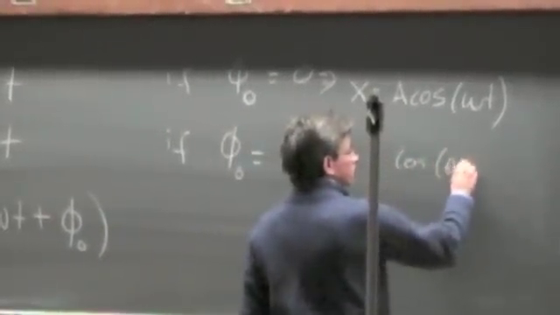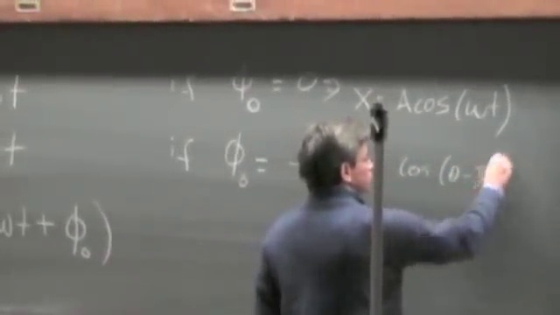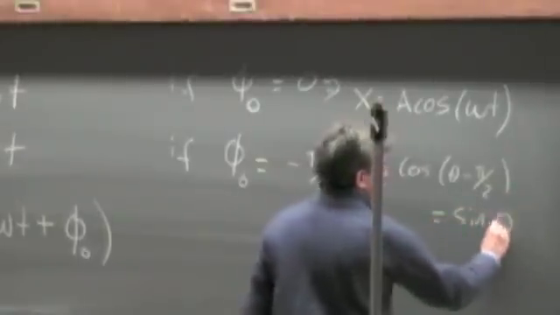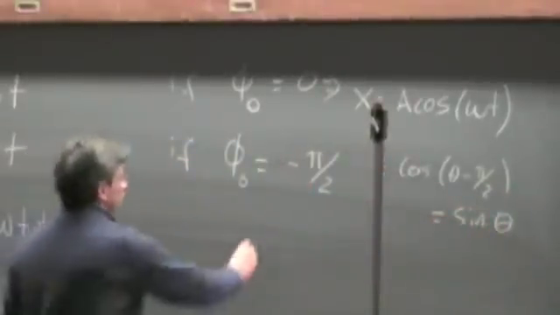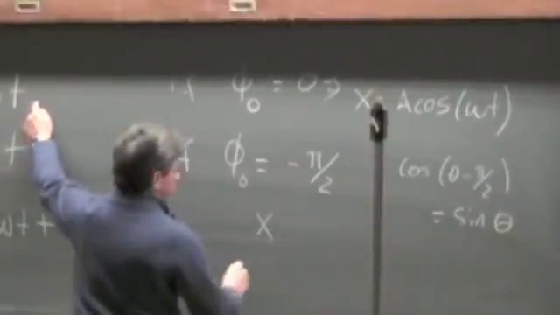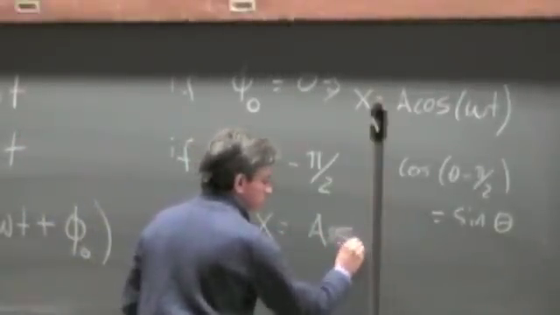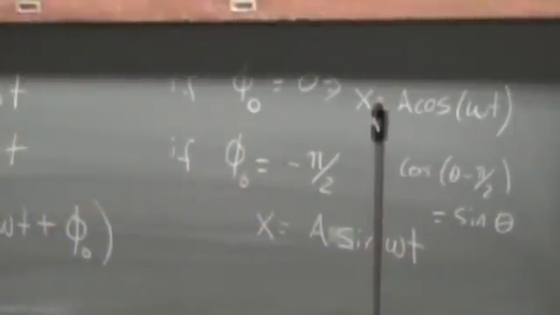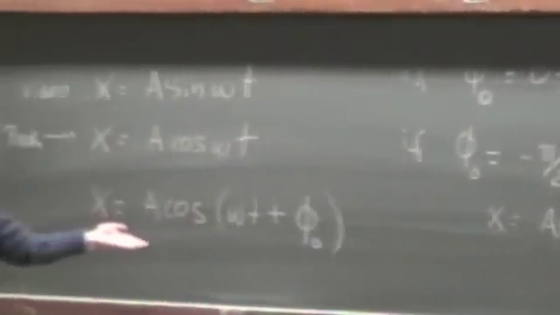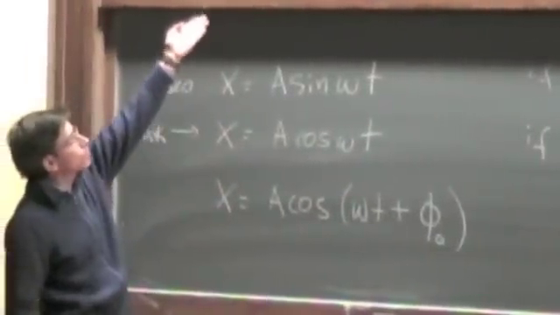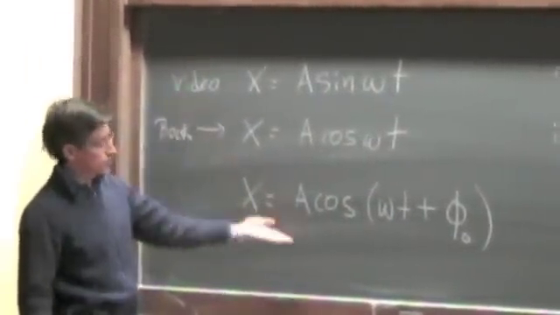Cosine of theta minus pi over 2 is equal to sine of theta, whatever theta is. So you will get this equation, sine. So both equations are right, and the more general solution of the simple harmonic oscillator equation is this one.